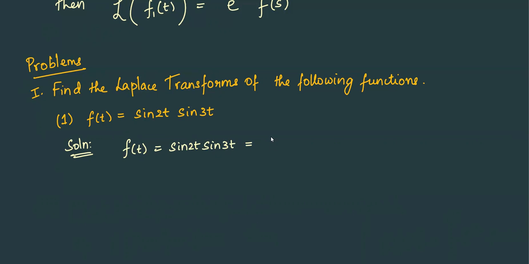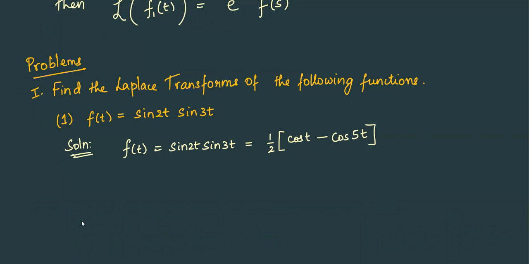will be equal to 1 by 2 times 2 sine c sine d, which is cos of a minus b minus cos of a plus b. So cos of a minus b is cos of 2t minus 3t, which is cos of minus t, which is cos t, minus cos of a plus b, so cos of 2t plus 3t, which is cos of 5t.